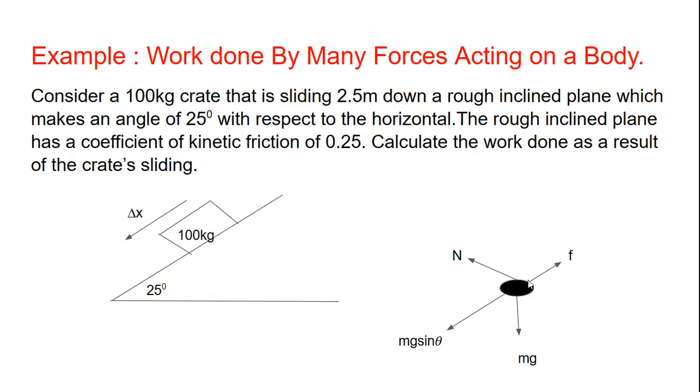And since it's on a rough inclined plane, there's friction. And the surface exerts a perpendicular force called the normal force that's equal in magnitude to the normal component of the weight of the crate, but opposite in direction.